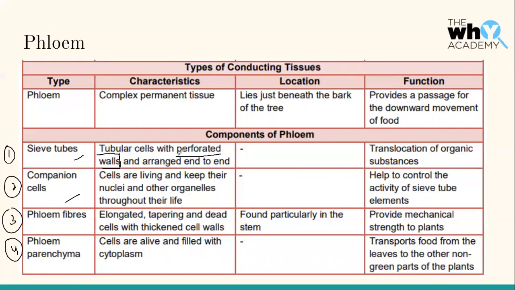So xylem vessels have perforated walls, and sieve tubes in phloem have perforated walls. Translocation basically means movement of food. If you are talking about movement of food, there is a particular term given to it, which is translocation. So it's okay even if you just write movement of food. I'm writing it here.